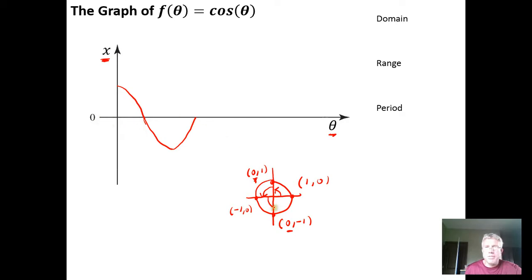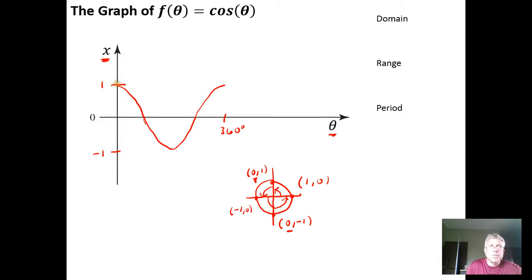And then when we get to 360 degrees, we're back where we started. And this will always be the case. We start at a height of 1, we end at a height of 1, and we move from 1 to -1 and back to 1 over 360 degrees.